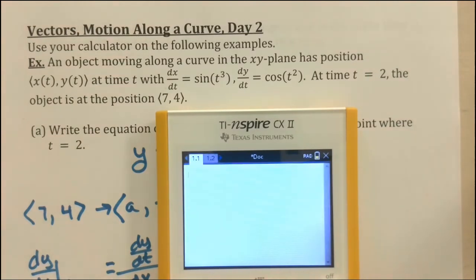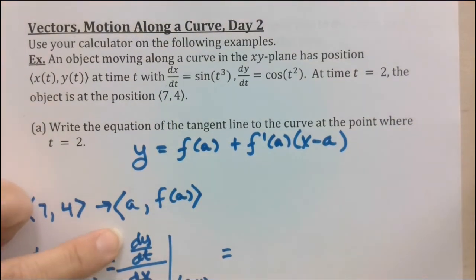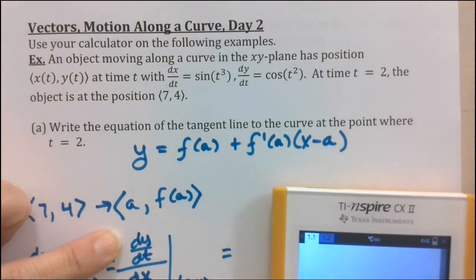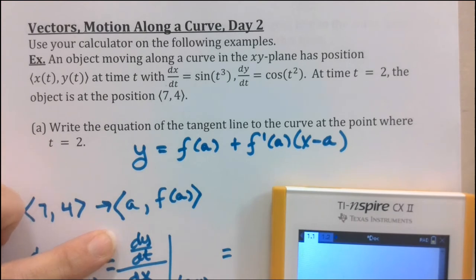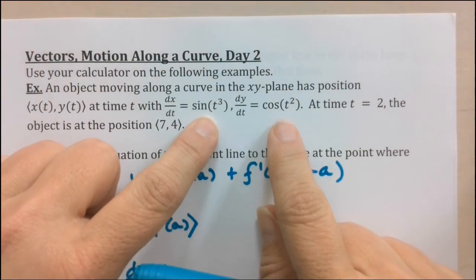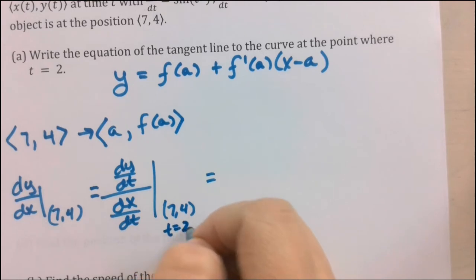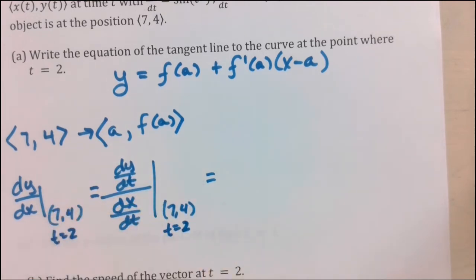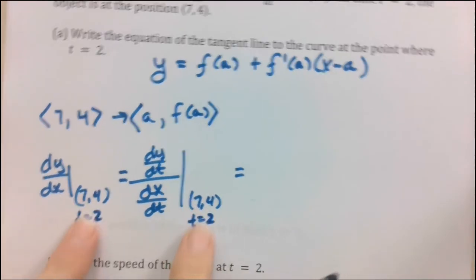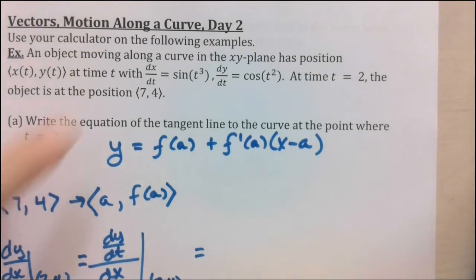So now I'm back on the calculator page, and I need dy/dt at the point (7, 4), which also means, actually, I guess I should have written, because my dy/dt and dx/dt are in terms of t, at the point (7, 4) also means at the time t equals 2. Like all of those things occur at the same time.